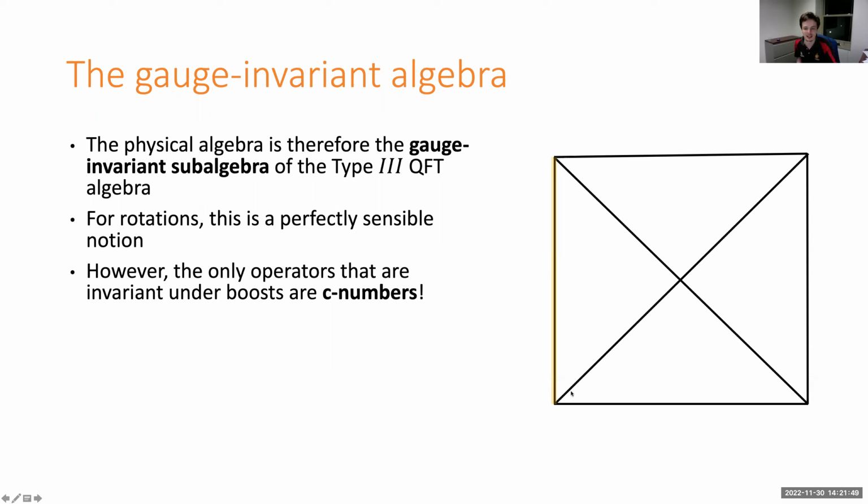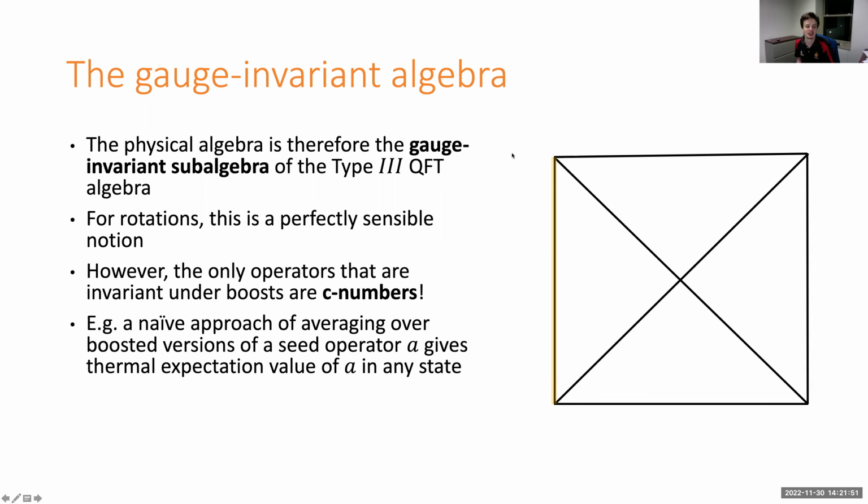It's related to the fact that the boost group is not compact. Naively you could try to make a boost invariant operator by taking some seed operator A localized here maybe, and then integrating over all possible boosts of it, averaging it over an infinite range from minus infinity to infinity of static patch times.